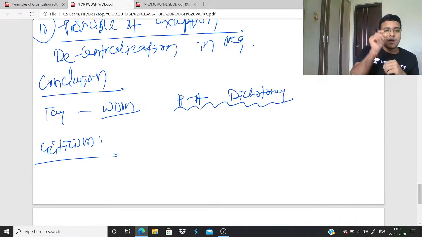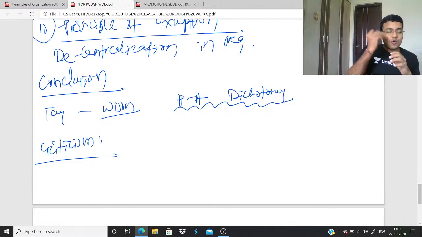For example, Mayo said that Taylor doesn't give importance to human relationships. Behavioral theorists said that Taylor's idea is mechanical, monistic motivation. He never gave importance to human behavior in organization. After that, Simon rejected Taylor's idea. Clear? Simon said that it is not scientific.